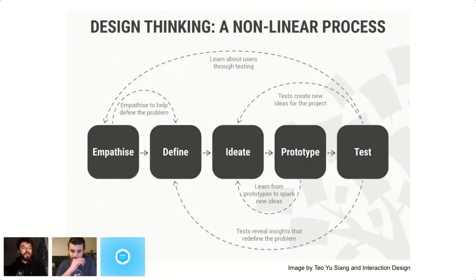It's a good question. It's because it's really made for digital products. It was made by people who are working in the digital realm. There are a lot of people claiming that you can use the design thinking process for anything. It's not really true. You cannot use it for anything. It has to be compatible with the problem. You can use the design thinking process to help you understand and define a problem with anything, but it might not be the best thing to do.